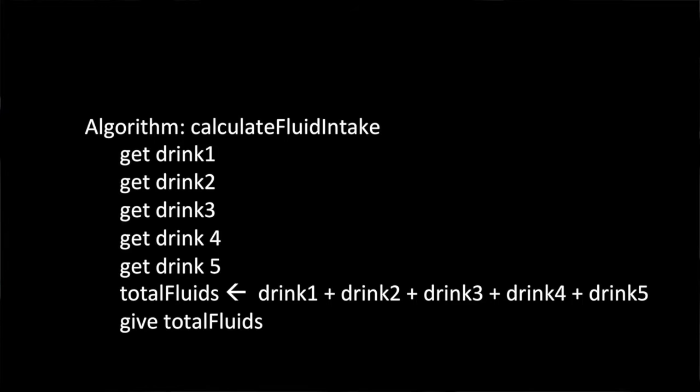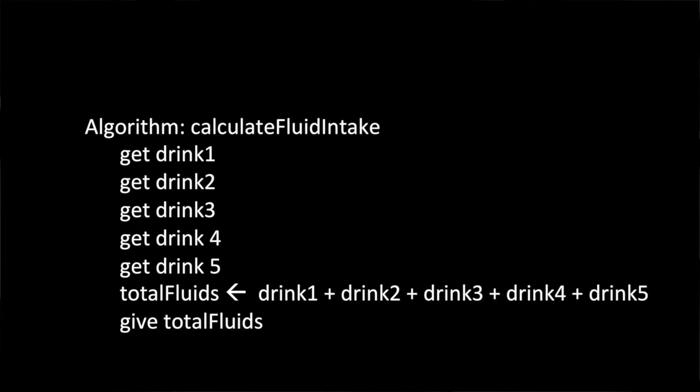Now, the key step is the next one. It's our assignment statement. So I add on the right side of the assignment statement the values in drink 1, drink 2, drink 3, drink 4, and drink 5. In other words, by saying drink 1, that variable name on the right side of the expression means use the value that's identified with or stored in the variable drink 1, add it to the value that's stored in the variable drink 2, and so forth.